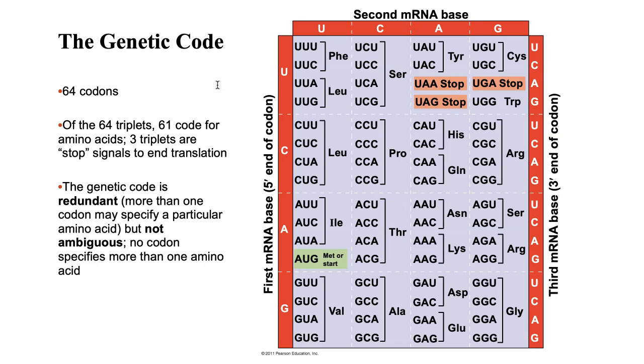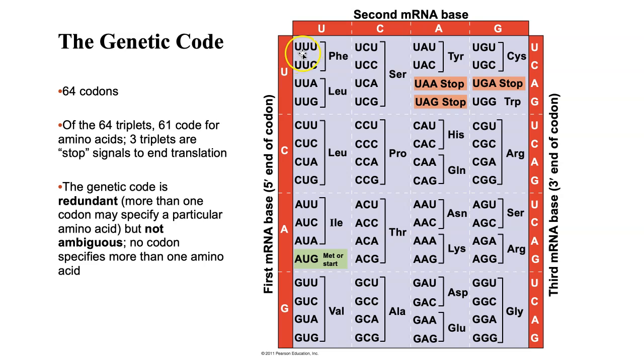So what do you see on this chart? Well, first of all, there are 64 codons. And that makes sense because there are 4 nucleotides, U, C, A, and G, and we have 3 spaces available in a codon. So to figure that out, it's 4, because there are 4 possibilities in each slot.